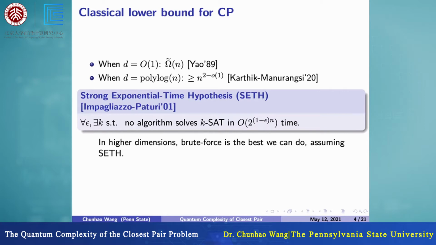After years of work, people haven't found any algorithm solving k-SAT in general faster than 2 to the n. That means for the closest pair problem in higher dimensions, the best we can do is brute force search, because of this near quadratic lower bound. If you believe SETH, then in higher dimensions, the best thing you can do is brute force search.